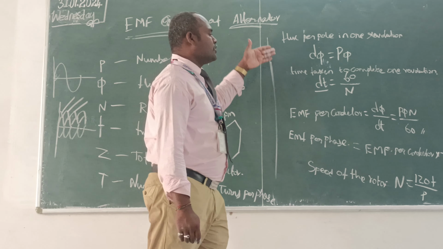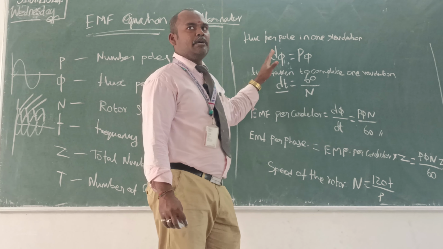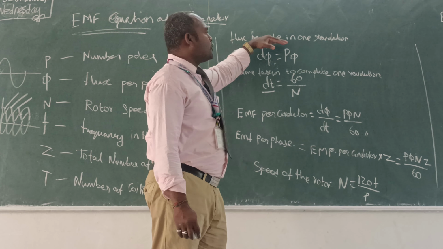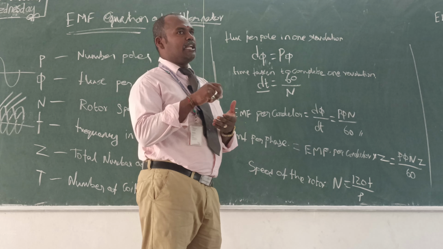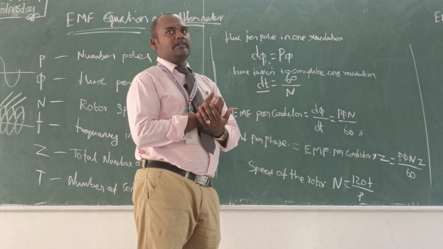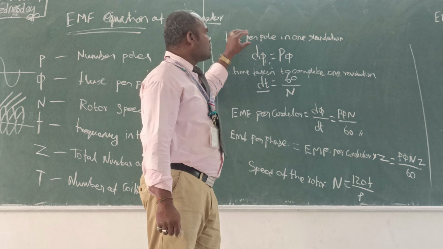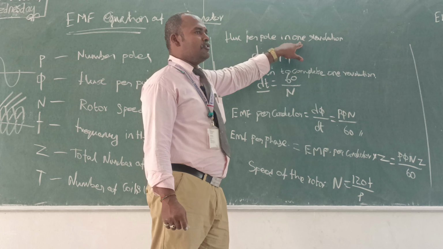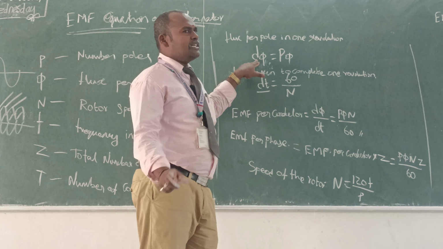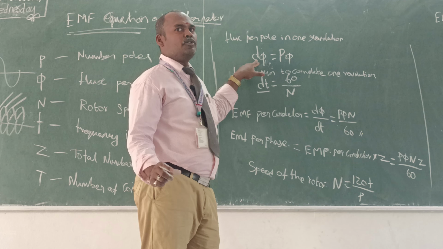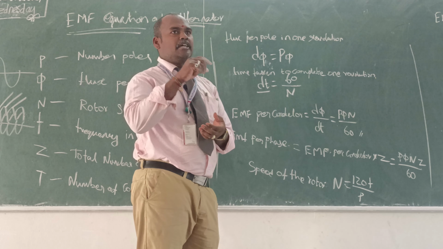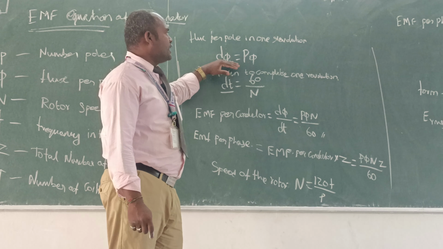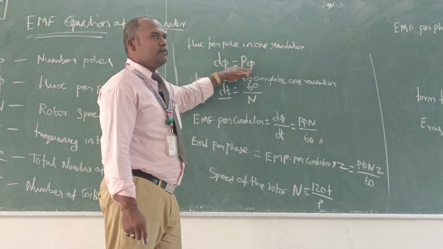Based on that we are going to find the EMF equation of the three-phase alternator. Consider the flux per pole. Initially, when you give the mechanical input to the rotor, the flux is generated; that is the origin. How much flux is generated per revolution, that is the differential flux d phi, which is equal to the number of poles into flux.